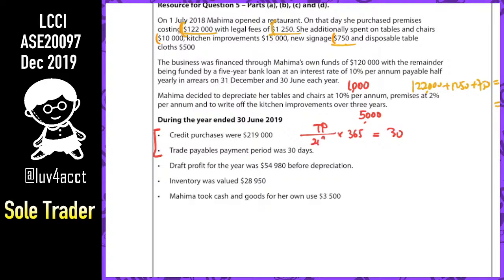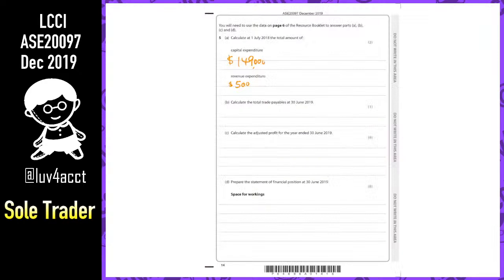Purchases being 219,000, trade payables is equal to 30 multiplied by 219,000 divided by 365. That is 18,000, 1 month. So just write the figure.